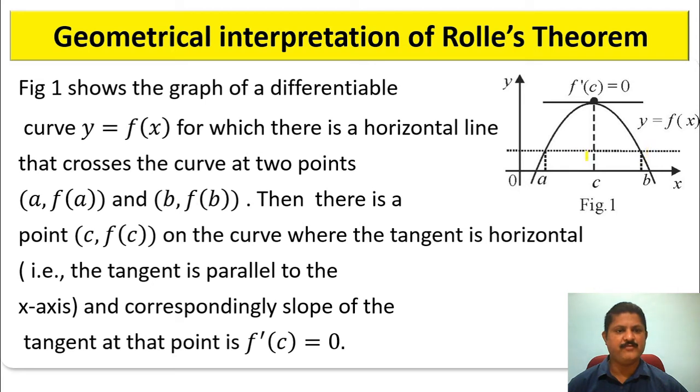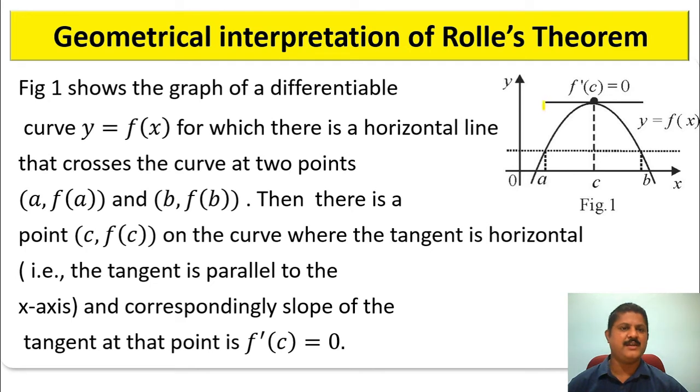Then there is a point c, f of c on the curve where the tangent is horizontal, that is, the tangent is parallel to the x-axis.